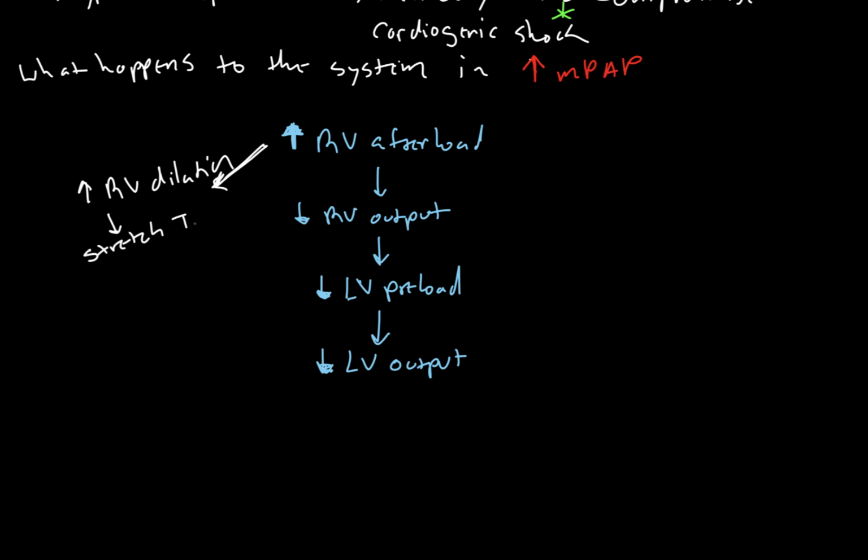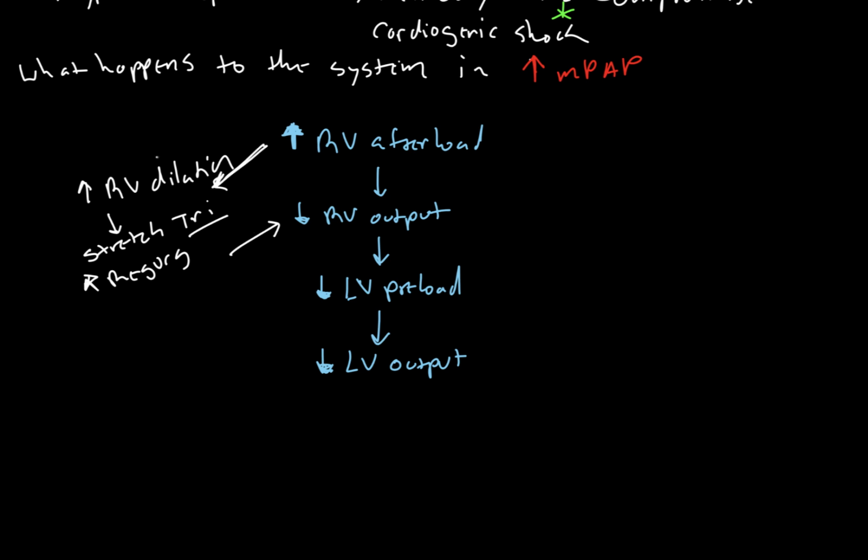Just like if you had systolic heart failure and your mitral valve doesn't close all the way, you get mitral regurg and it propagates the whole scenario. So we're going to stretch our tricuspid, which is going to increase regurg. So what happens when we do that? Well, we're also going to decrease our RV output because we're not going to pump as efficiently, even less efficiently.